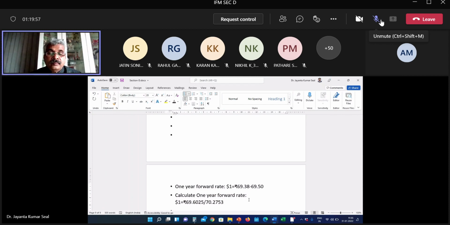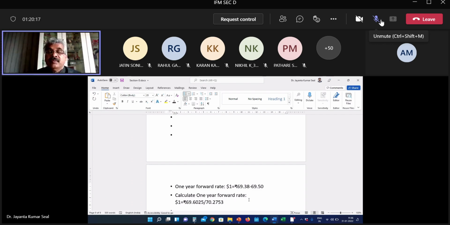Is that fine? Yes, sir. So basically, you can calculate when there is an arbitrage opportunity. So this is how we calculate the forward rate when all bid and ask are given.